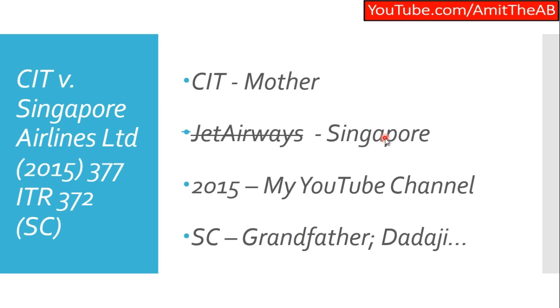For Singapore Airlines, since I'm an Indian and I'm not bombarded with the Singapore Airlines logo or the flight or the name, it's very difficult for me to visualize that. So instead of Singapore Airlines, I use the airline which is very quick to my brain. That would be Jet Airways.